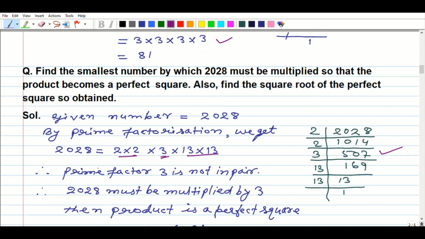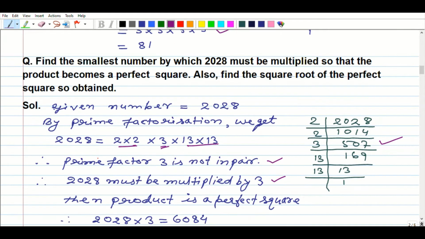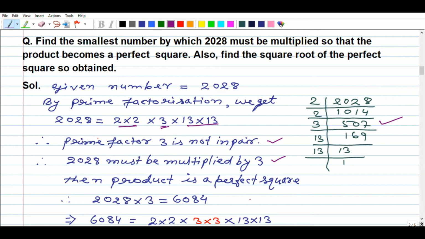It is not forming a pair. So prime factor 3 is not in a pair. Therefore 2028 must be multiplied by 3, right? Then the product is a perfect square when we multiply by 3, that is 6084.